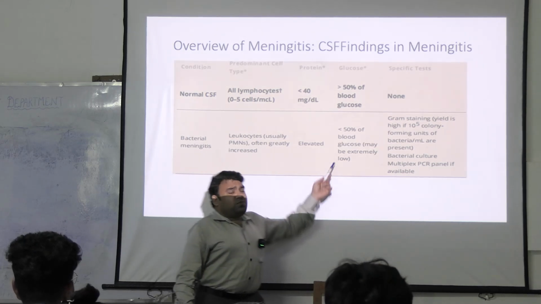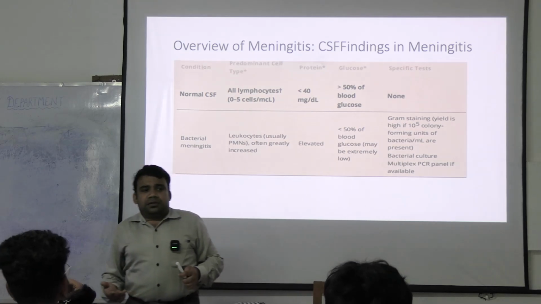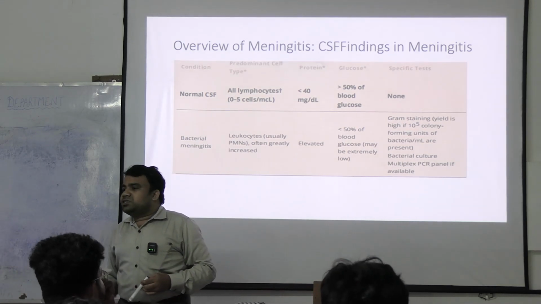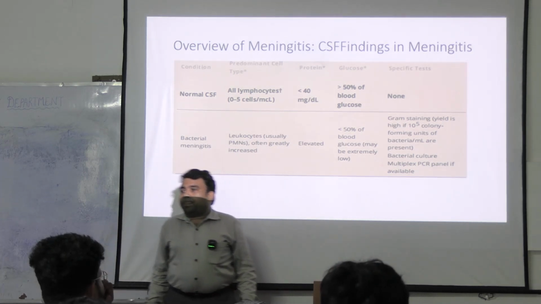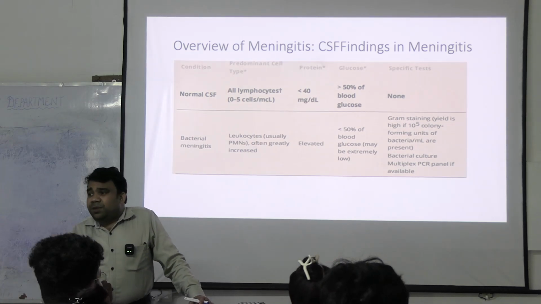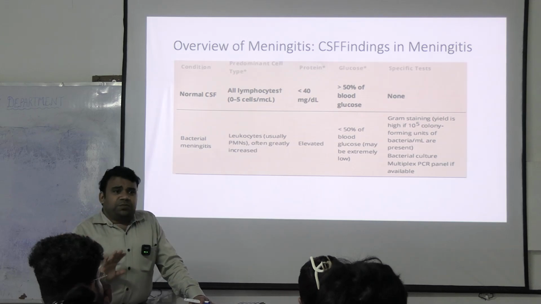Now look at the CSF glucose. If the bacteria is replicating, it needs some nutrition, so it will take up the glucose in the CSF. So the glucose of the CSF will be low as compared to the simultaneous blood glucose. This is very important.